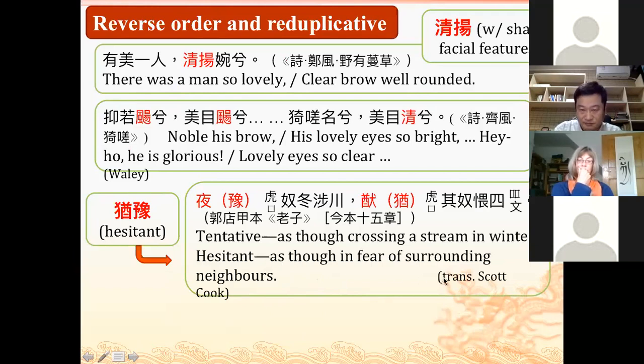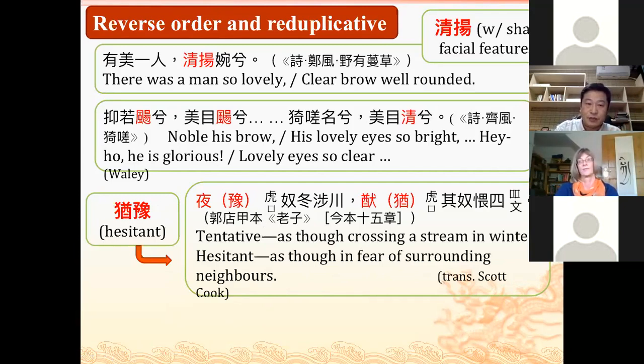老子. In the excavated 郭店 version of 老子, we can see 犹豫, which means hesitant, a term very commonly used in modern Chinese. And 犹豫 was separated, the two characters were separated.